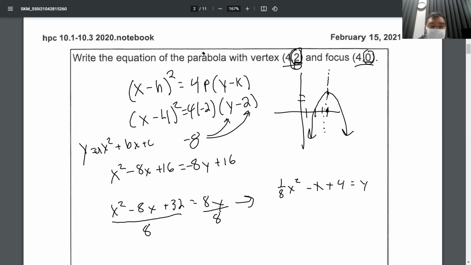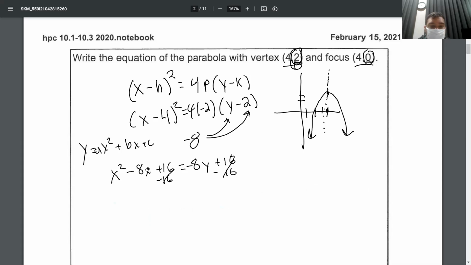My fault, I apologize. Because your focus is 2 below your vertex, it should have been a negative 2. I put it as a positive 2 for the P over here, so I'm just redoing it with the negative.